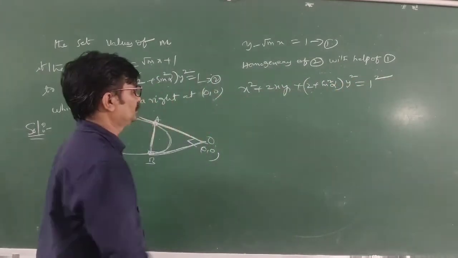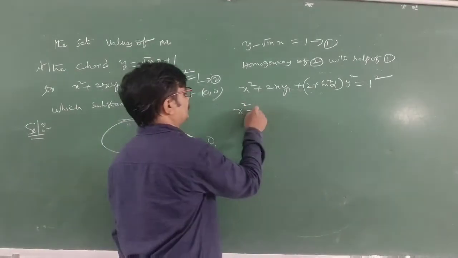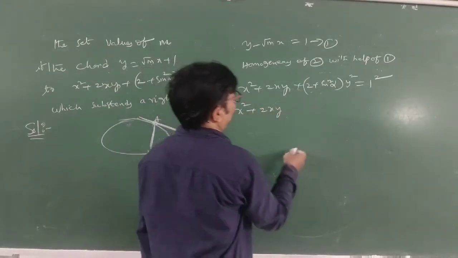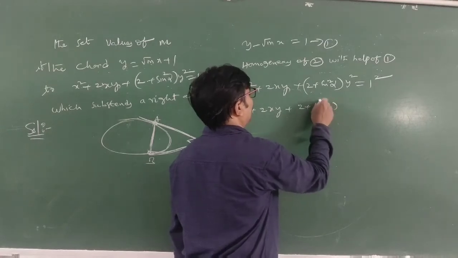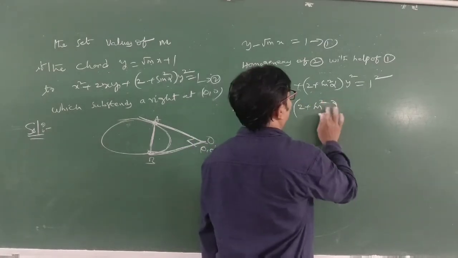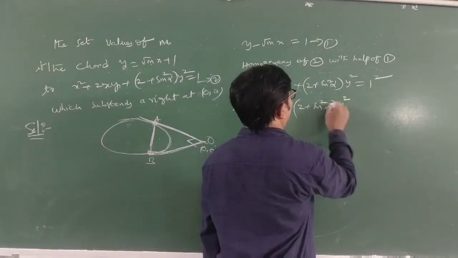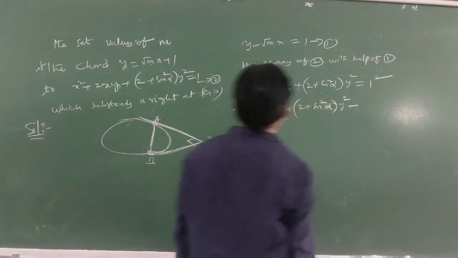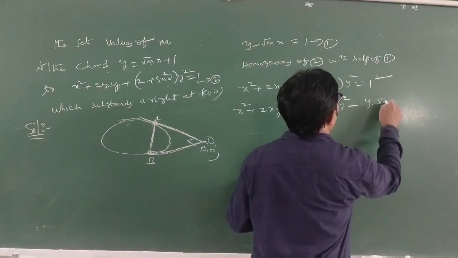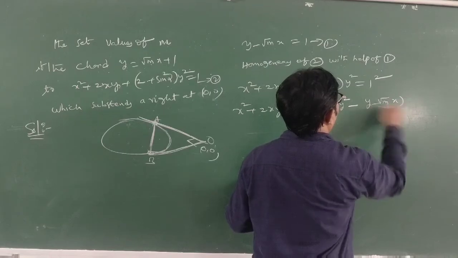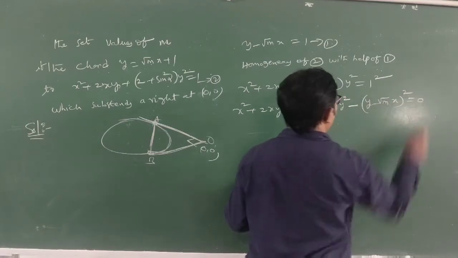This is 1 square. So x square plus 2xy plus (2 plus sine square alpha) y square minus 1 square, which is y minus root m into x, whole square.